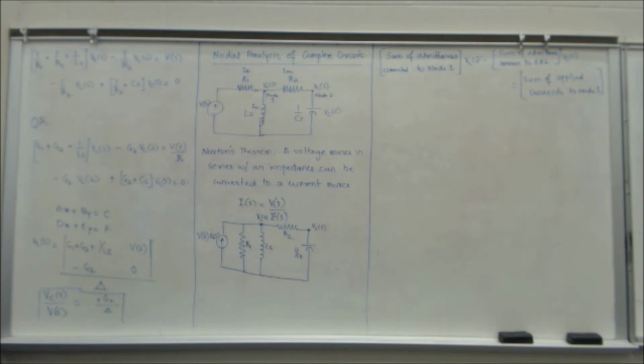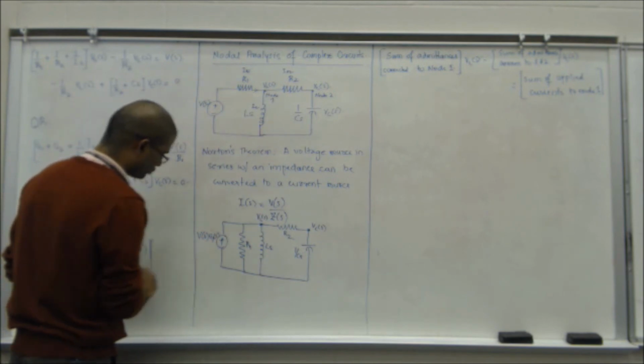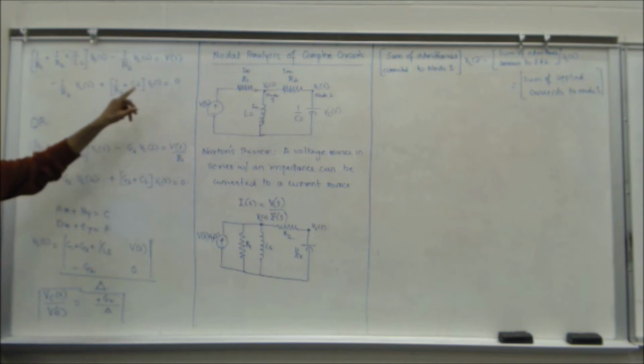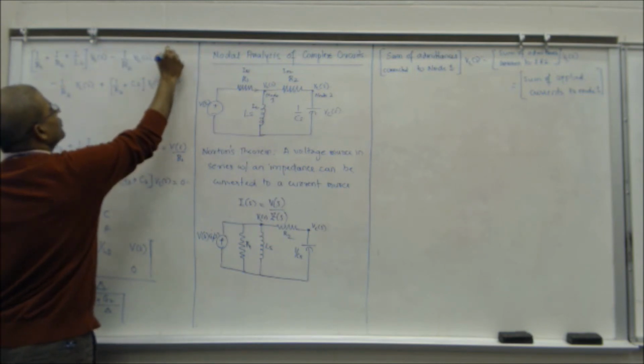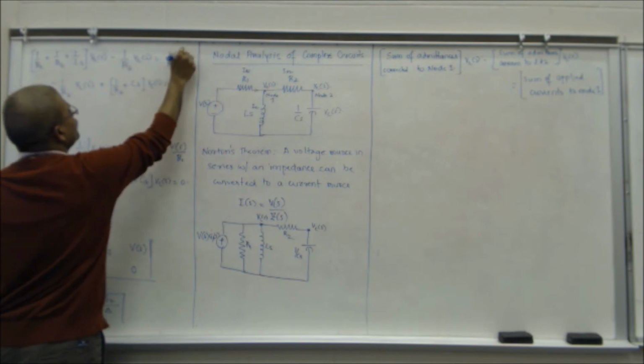It has to be current sources. It cannot be voltage. So you have 1 over R1 into V of S.